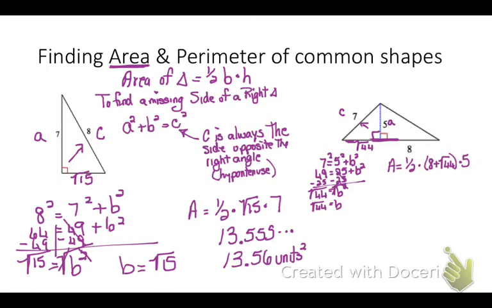Now my base is, and I must put this in parentheses in my calculator, 8 plus square root of 44, times my height of the triangle, which is 5. And when I put that in there, I'm going to get that the area of this triangle is 36.58 units squared. Now, on either of these shapes, I could just add up all 3 sides on the outside to find the perimeter. I think you have what you need for your homework now.